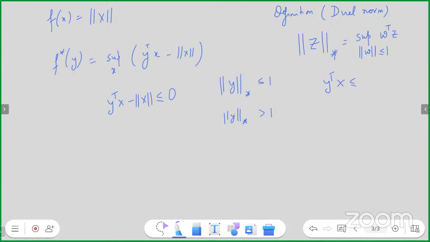Why are you going so far? Is it needed? All I have given is that the y star norm is less than or equal to 1. How does that imply that?